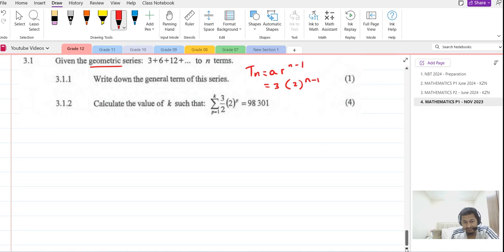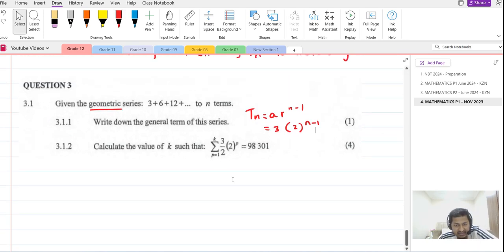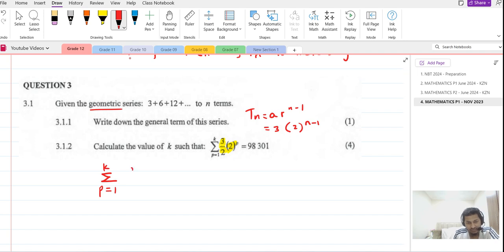Now calculate the value of k such that the sum from p equals 1 to k of 3 over 2 times 2 to the power p is equal to 98301.